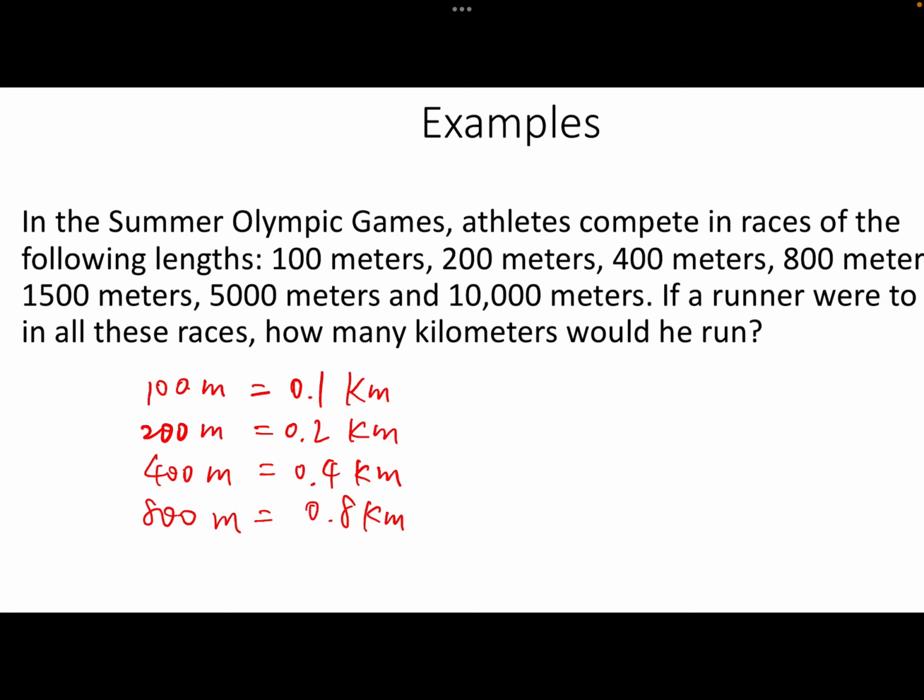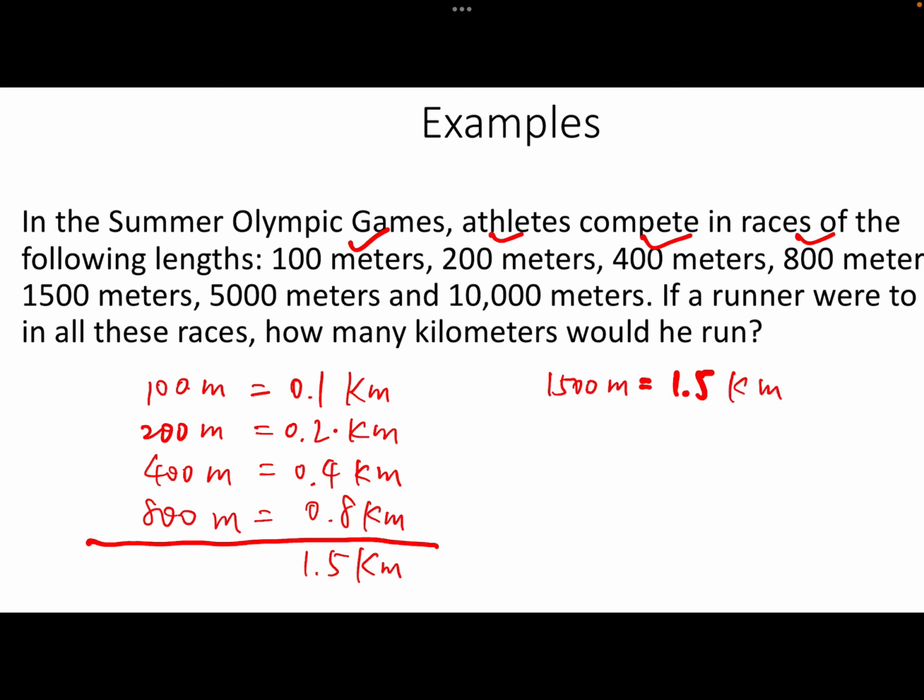Is that right? And then these 4 added up, that's what? The first two make 1, right? Then 1.5 kilometers. Okay, and then we are done with these 4. And then the next one, 1,500 meters, that's 1.5 kilometers, divided by 1,000. 5,000 meters, that's 5 kilometers. 10,000 meters, that's 10 kilometers.